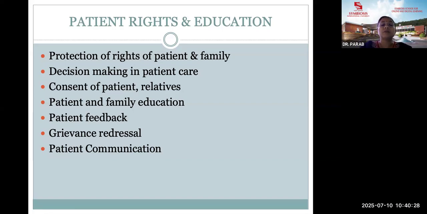Then there is also consent of patient and relatives. So there's a standard which talks about which conditions you should be taking an informed consent. You know, who are the people who can consent? What about children who cannot consent? What about people who are not in a mental state to consent? So all that needs to be covered in the policy on consent taking.